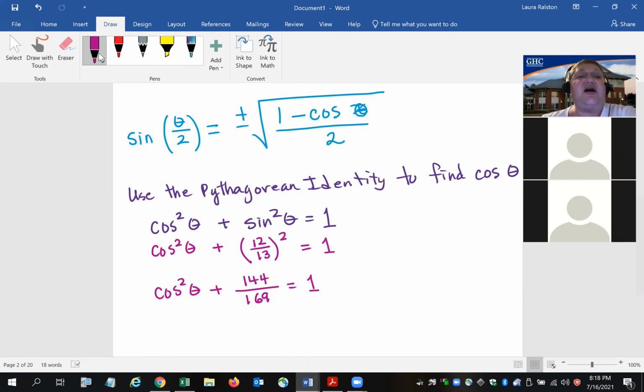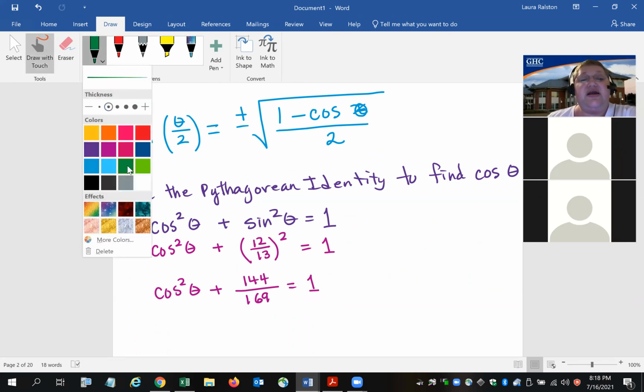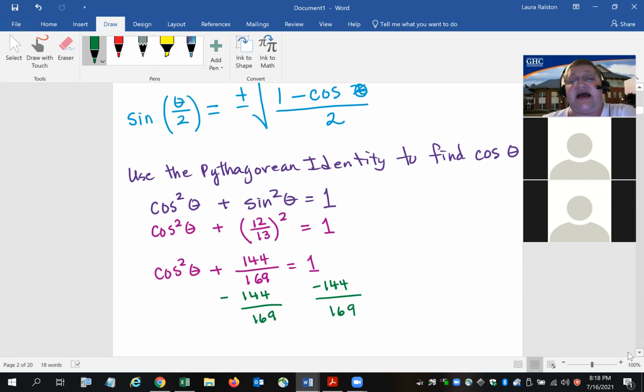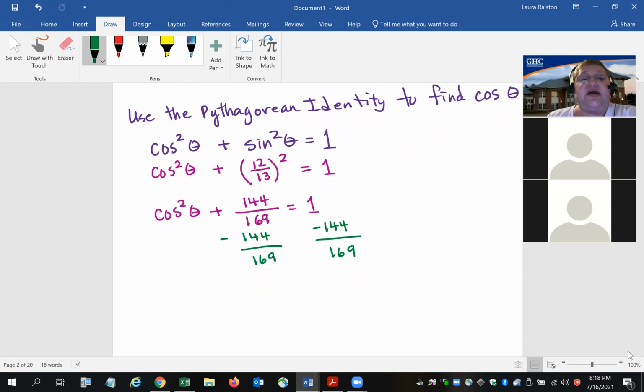I'm trying to solve for cosine, so I'm going to subtract 144 over 169 from either side. To do the subtraction, remember, you have to have a common denominator. 1 whole would be 169 over 169.